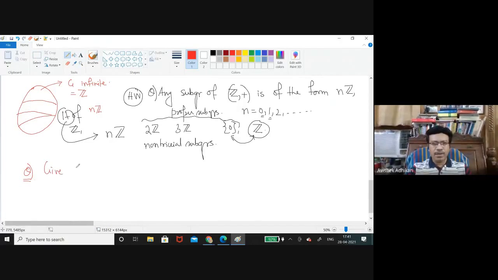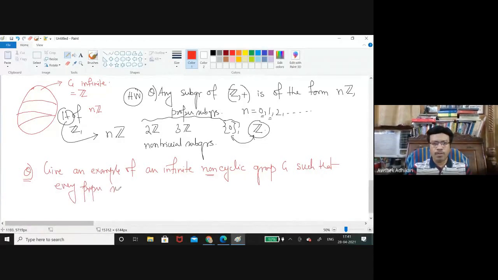Give an example of an infinite non-cyclic group G such that every proper subgroup of G is cyclic. Mind that I am introducing something else.